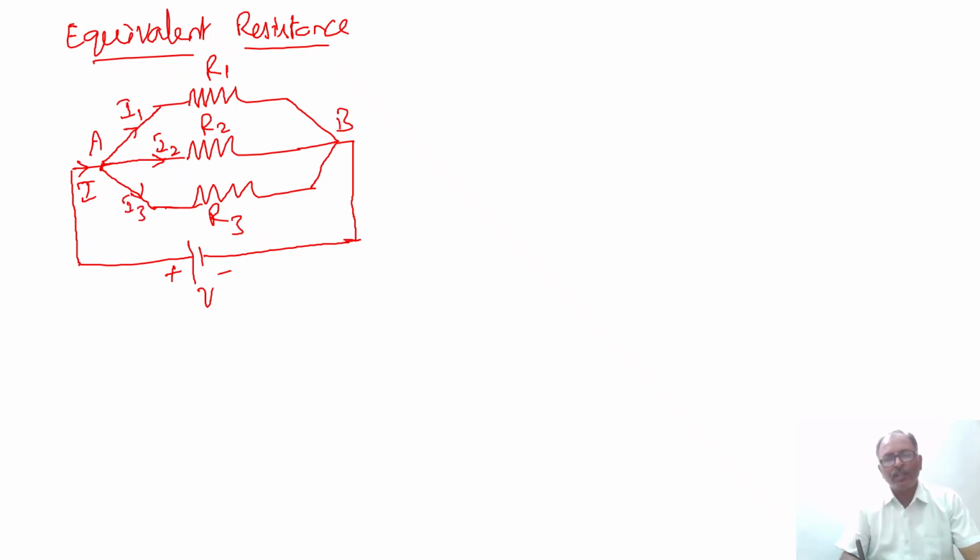Suppose we want to replace this entire network, that means this combination of R1, R2 and R3, by using a single resistance Rp, so that when that equivalent resistance Rp is connected across the same voltage source V, the current passing through the circuit is still I amperes. Then Rp represents the equivalent resistance of R1, R2 and R3.